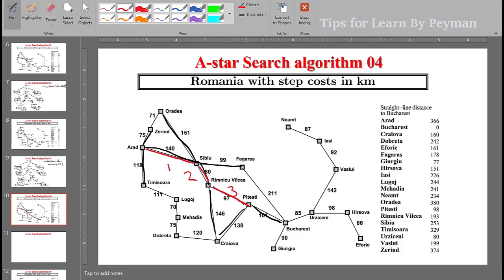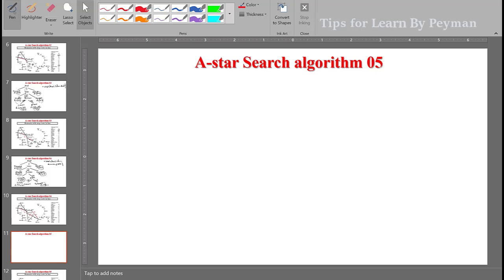Okay. Now in the next level, we should choose the Fagaras because the F value is smaller than this one. So it is the fourth selection. Here we have Fagaras and Bucharest, a direct way, and the value would be 211. So let's see what would happen here.